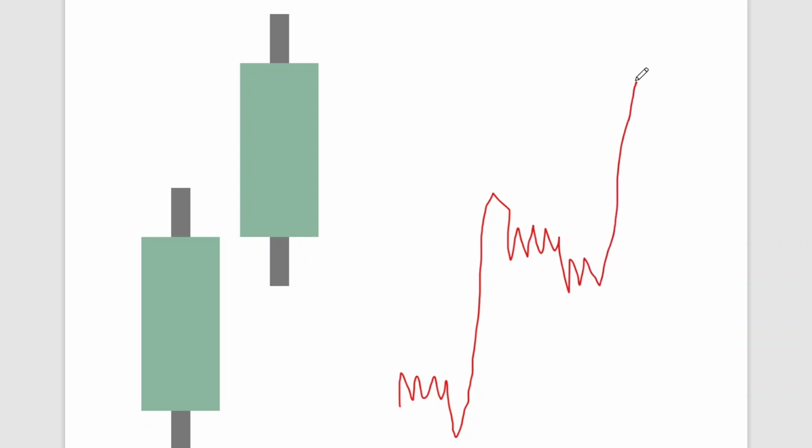And how would this look on the lower time frames? This will be your candle open. Your basic support and resistance structure.